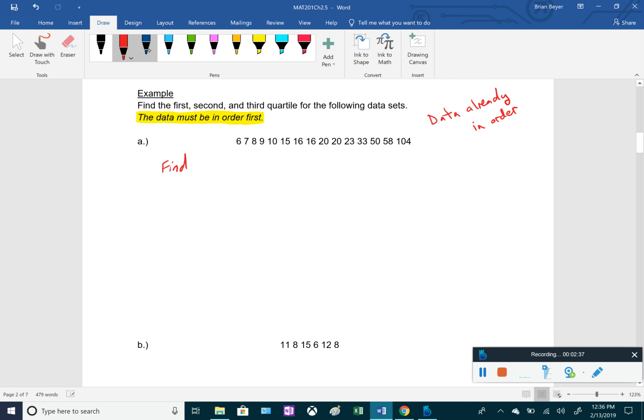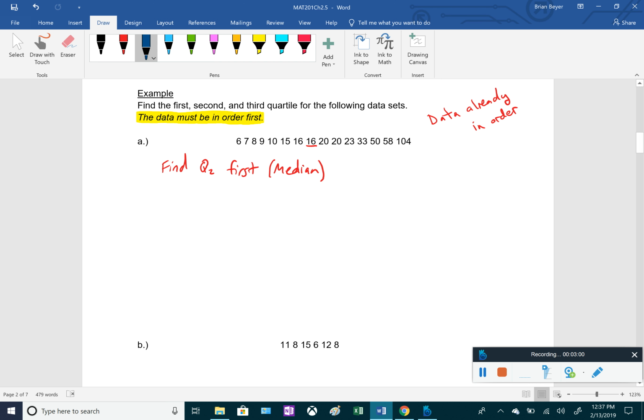We find Q2 first, and the reason that we do this is because it's the median. So when we're finding this, do it however you like to do it, whether it's crossing off values. The middle value here is going to end up being, I believe, 16.